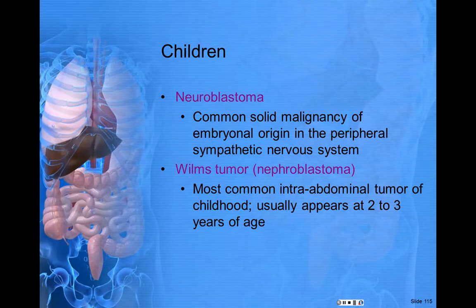It most of the time presents with a painless enlargement of the abdomen or an abdominal mass, which is often found while the parents are bathing their young child. Some patients can have abdominal pain, vomiting, and hematuria with these tumors.